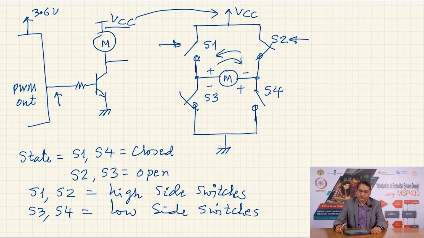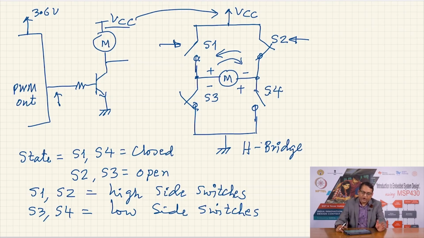And this configuration of using 4 switches implemented through electronic components such as BJTs or MOSFETs has a name, and this is called an H bridge. You do not have to build such an H bridge using discrete transistors. H bridge integrated circuits are available, where the high side and low side switches are implemented in a common package.